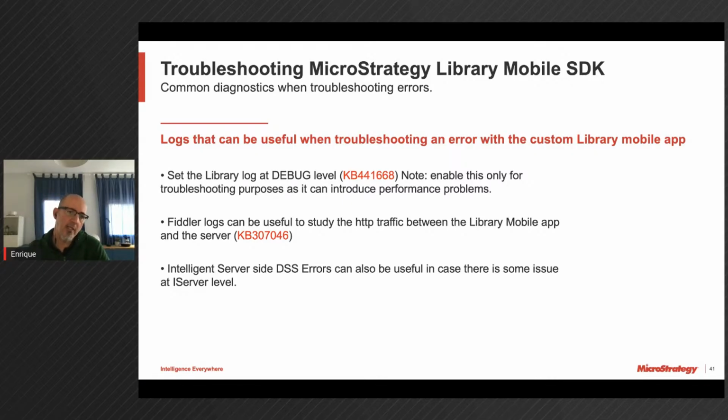Fiddler logs can also be useful to analyze the HTTP traffic between the client and the server. Also, in case we are facing server errors, the DSS error logs can also help us determine what could be going on at the intelligence server level.